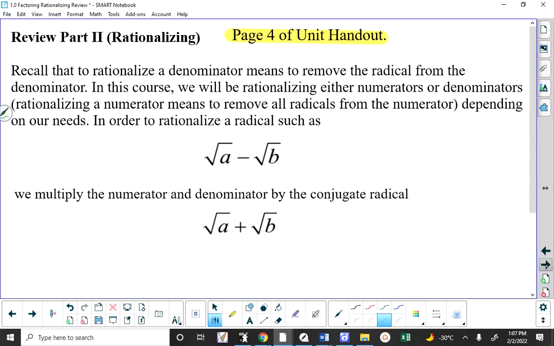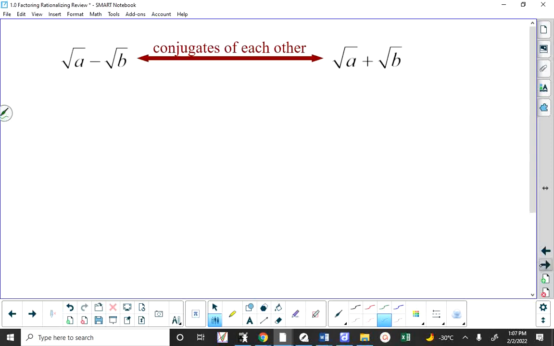Maybe I should say, rationalized means have no radicals, no square roots. Root a minus root b can be rationalized if you multiply it by its conjugate. So root a minus root b and root a plus root b are conjugates. Okay.